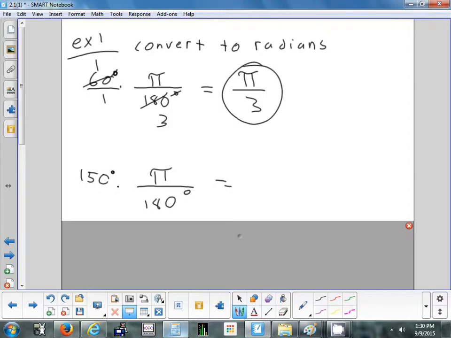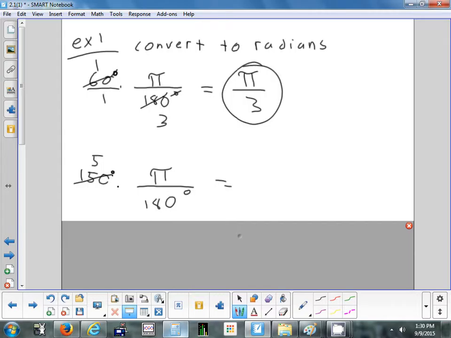Okay, so I'm going to divide this out. 30 goes into both. Amber, how many times does 30 go into 150? 5. Yep, 5. How many times does 30 go into 180? 6. Think about how many times 3 goes into 18: 6.